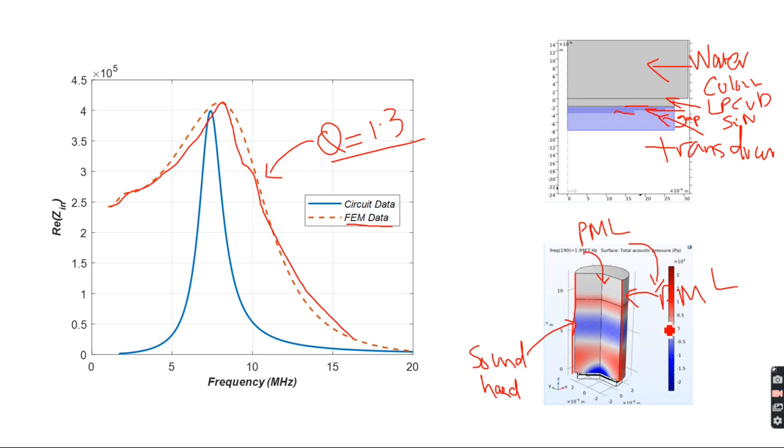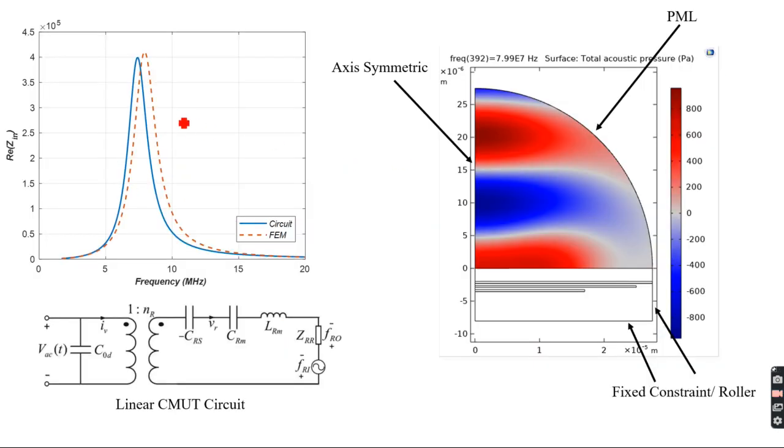So to solve this problem and to match the quality factor, and show that the circuit model performs up to the accuracy of FEMs, what you need to do is to define, in the axisymmetric model, the perfectly matched layer, or perfectly absorbing boundary conditions, on the surface of your radiation medium. Then you have about the same quality factor.